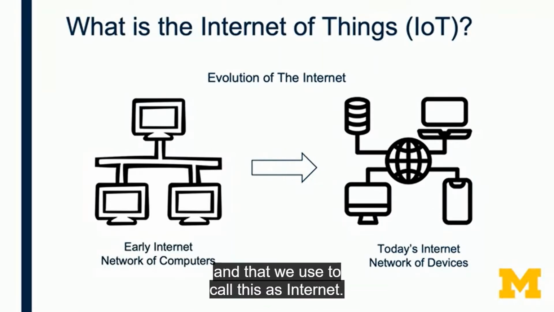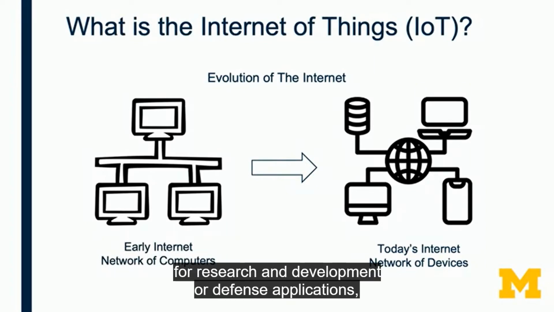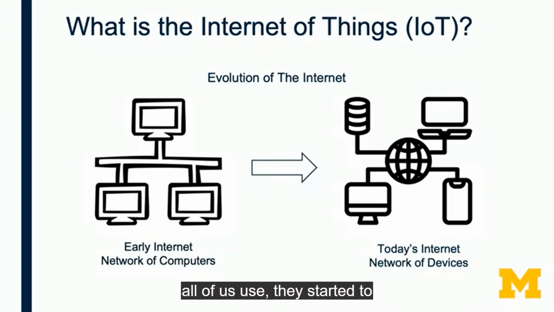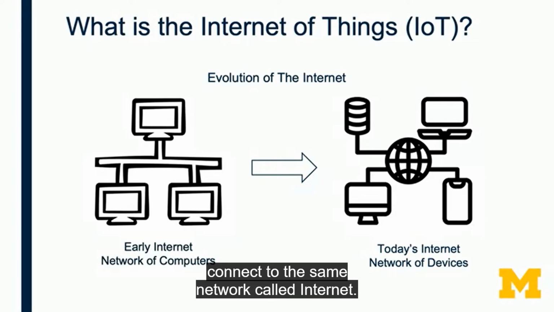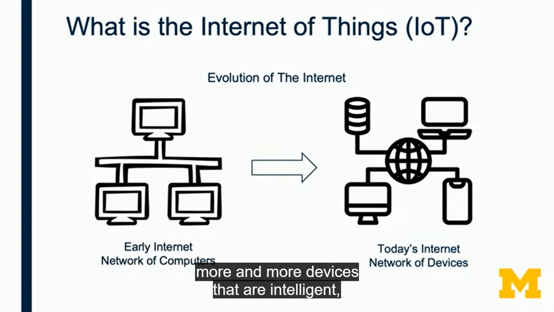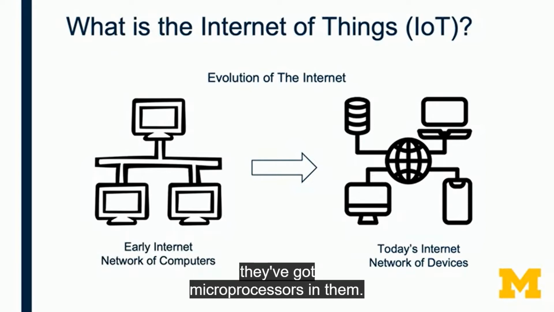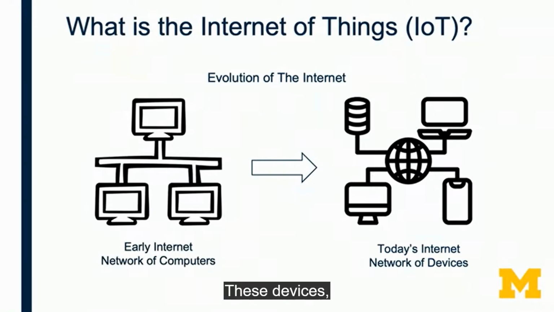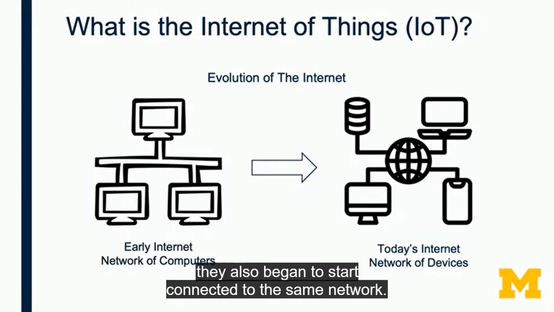Of course, those machines used for research and development or defense applications then moved to the personal computers you and I all use, and they started connecting to the same network called Internet. Over time, with the advances in microprocessor technologies and communication, we have more and more devices that are intelligent, that have microprocessors in them. And so these devices also began to connect to the same network.